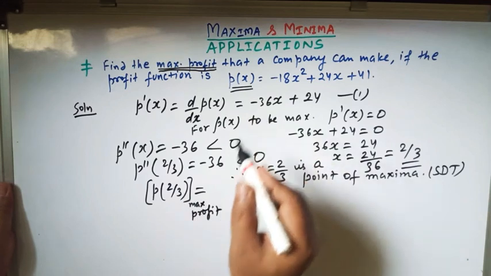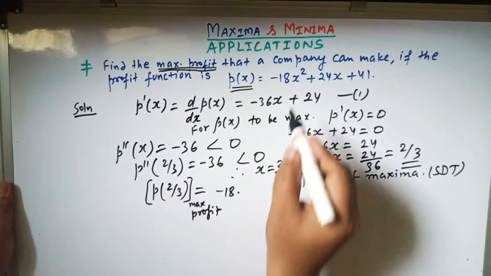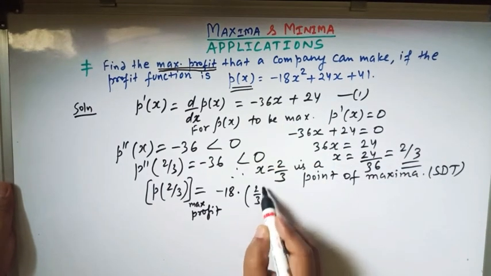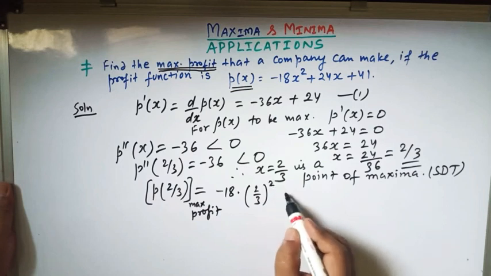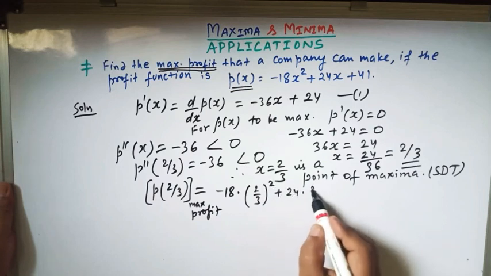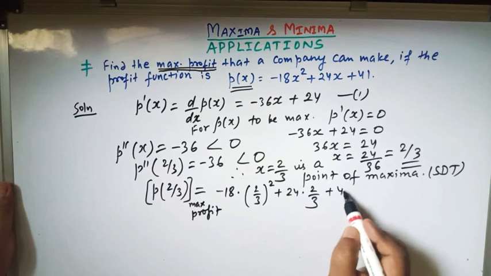So here we have minus 18 multiplied, we will substitute 2 by 3 here, plus 24 times 2 by 3 plus 41.